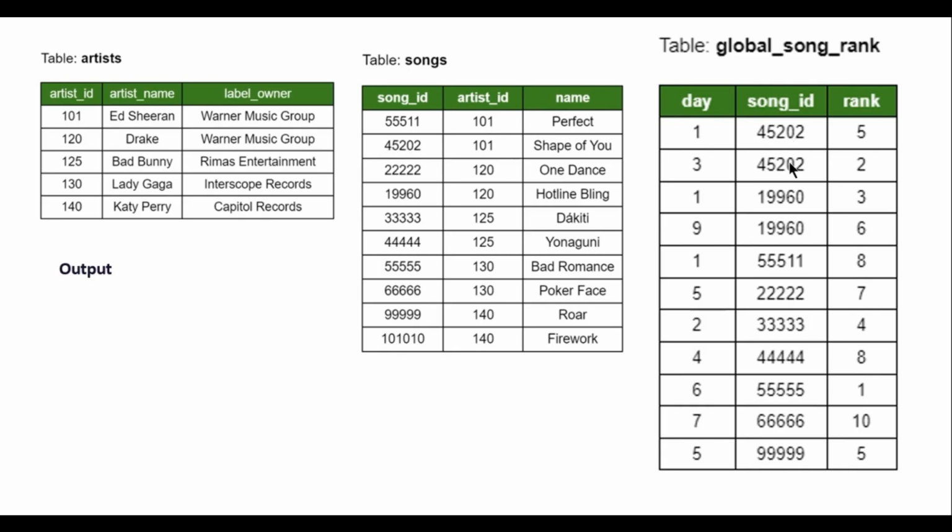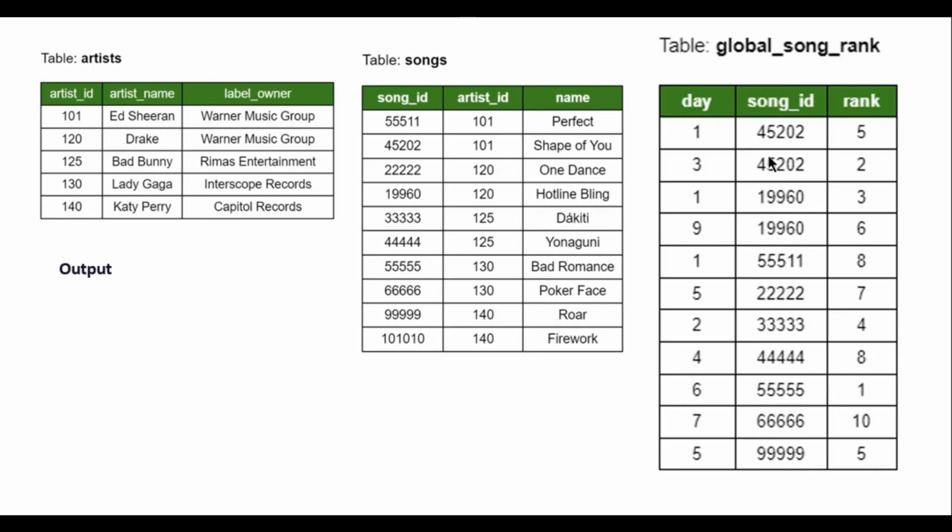We can see there are two appearances for this one, on day 1 with rank 5 and on day 3 with rank 2. Since both ranks are under 10, we are going to consider them as well. So for this particular artist, with the artist ID 101, we have in total 3 appearances.